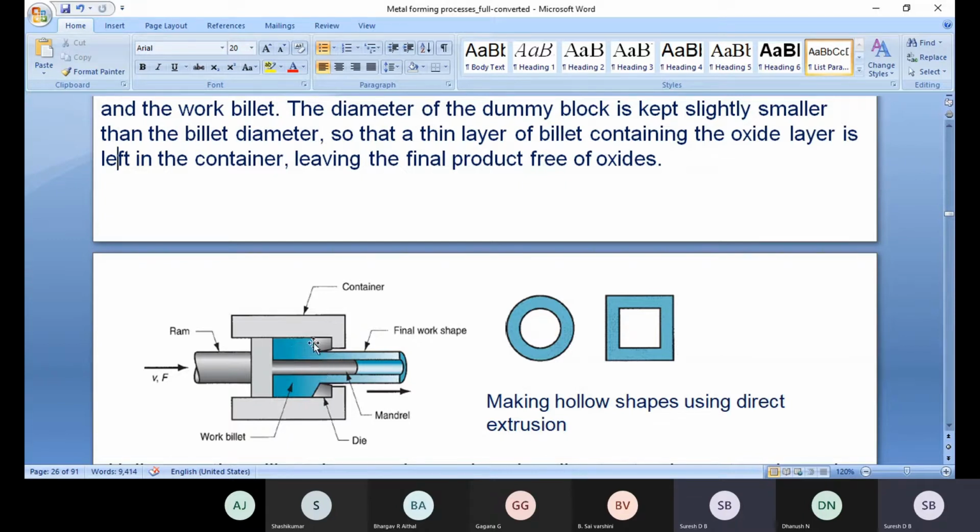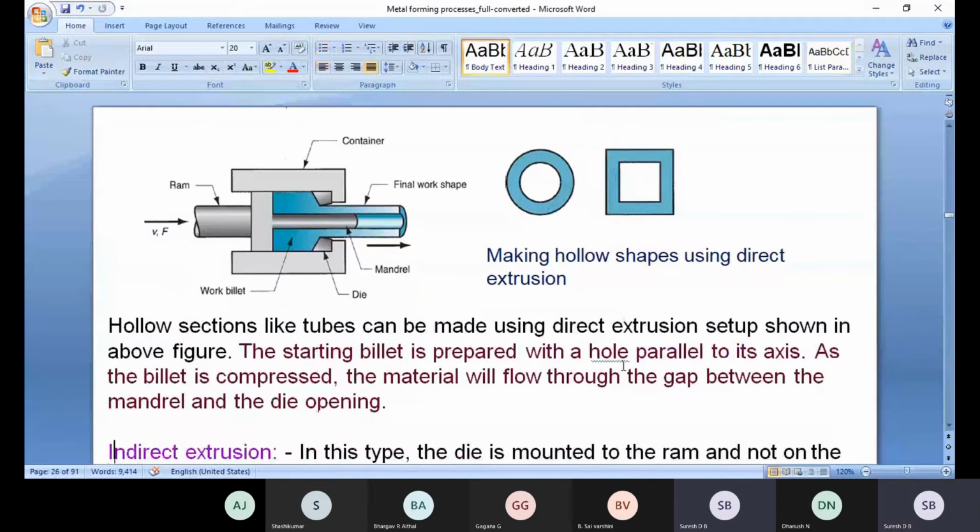After compression, the deformed material moves through the gaps, and finally you get the desired shape and size. Like that, all tubes and pipes can be manufactured by the extrusion process. Any doubts? No, sir.